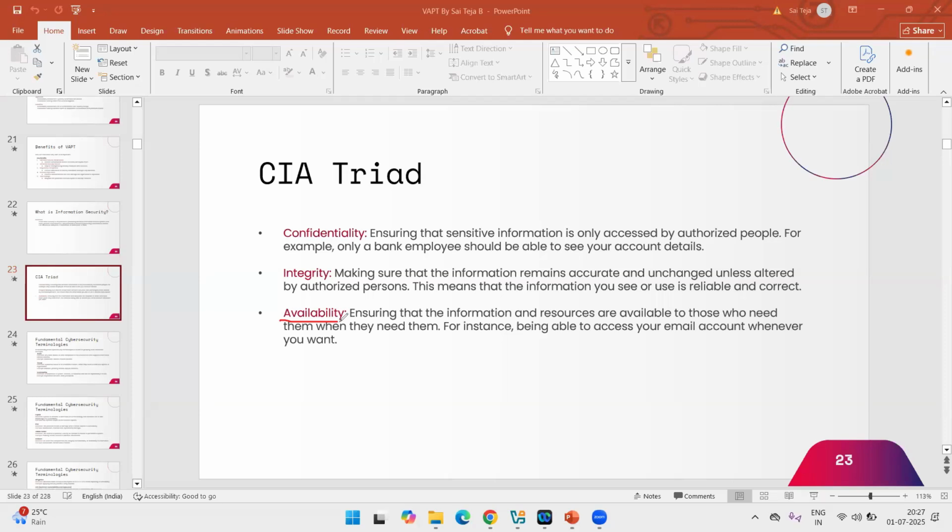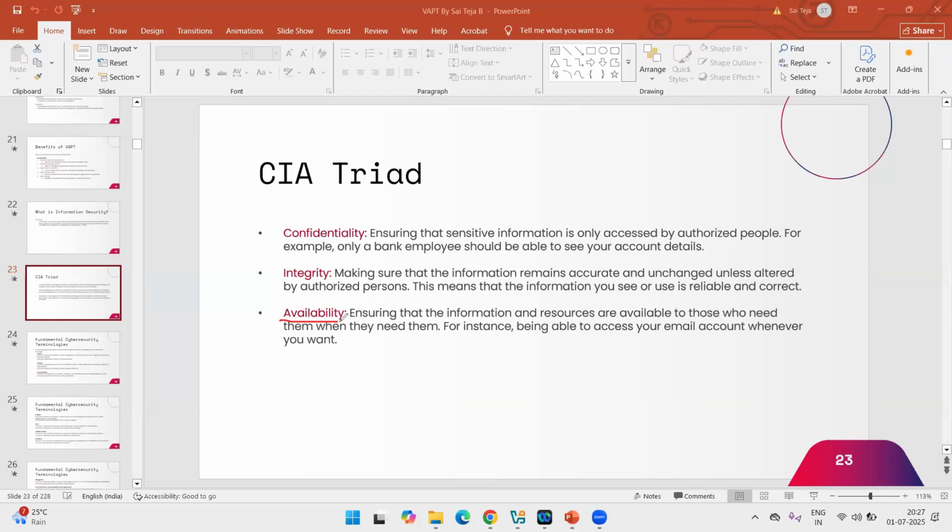Even when we are attacking or doing penetration testing, we actually calculate the impact of a specific issue by understanding these three information security elements: confidentiality, integrity, and availability.